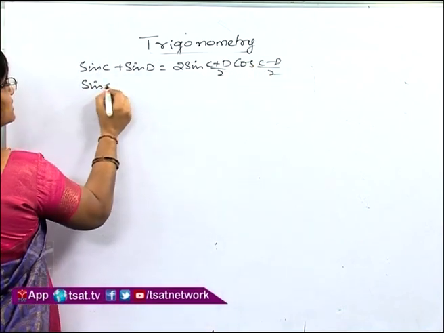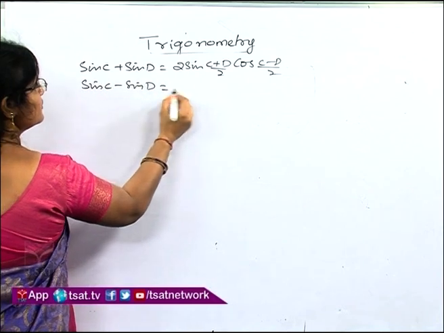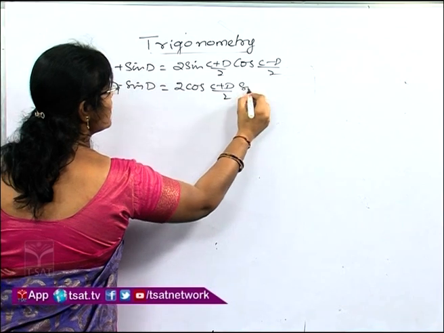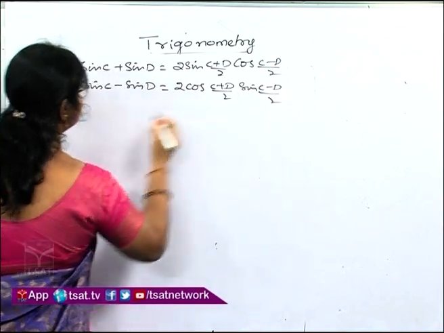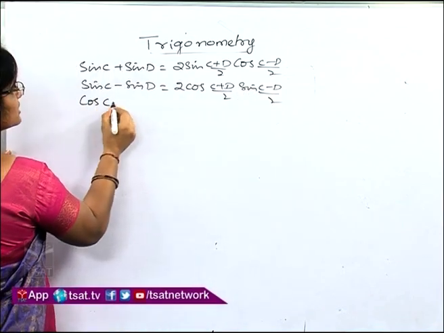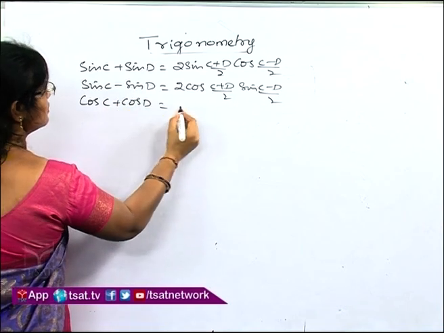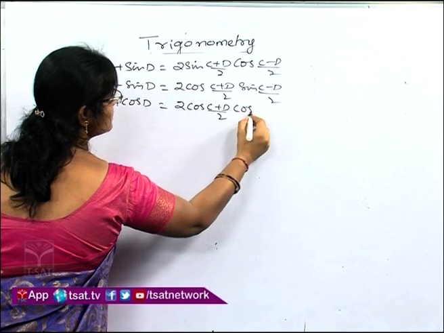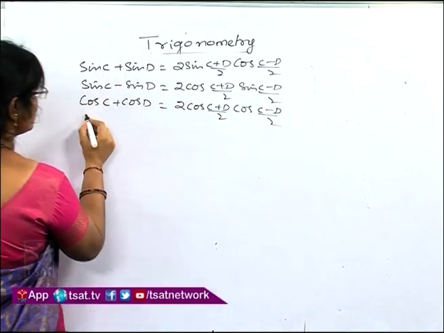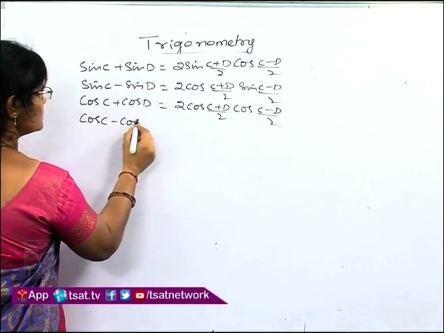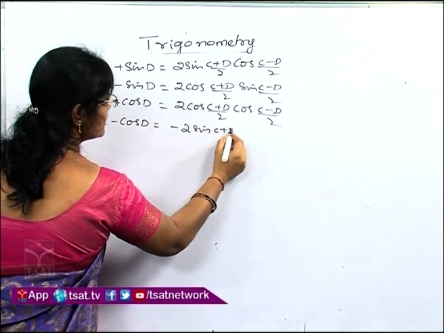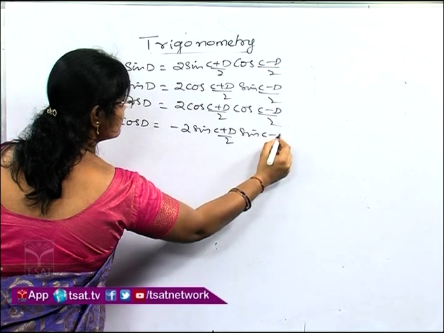Sin C minus sin D is 2 cos((C+D)/2) sin((C-D)/2). Cos C plus cos D is 2 cos((C+D)/2) cos((C-D)/2), and cos C minus cos D is minus 2 sin((C+D)/2) sin((C-D)/2).